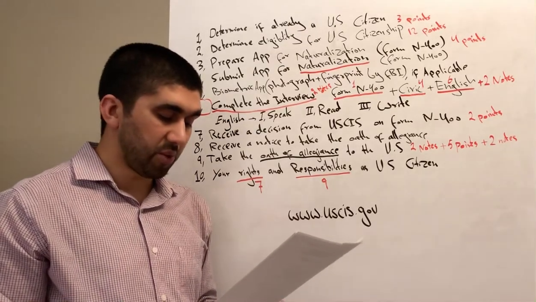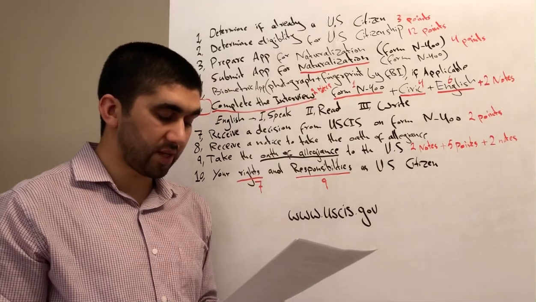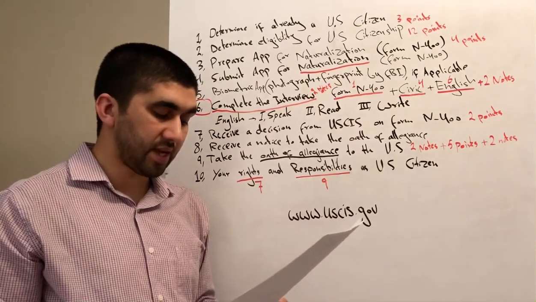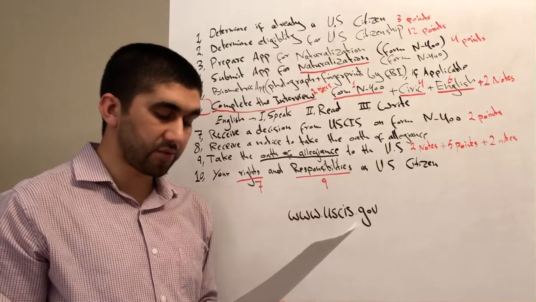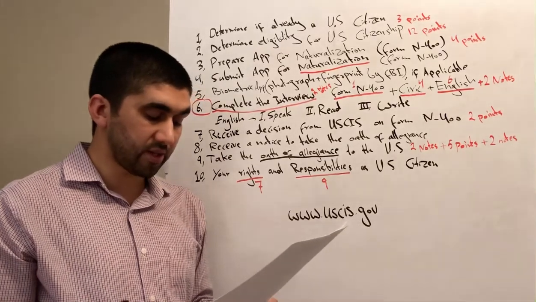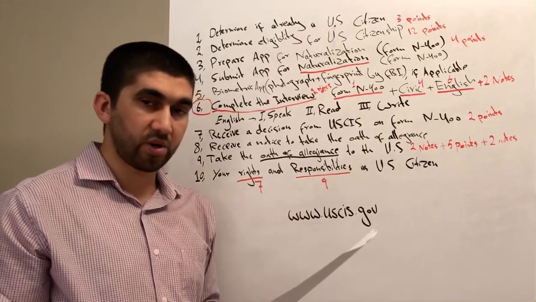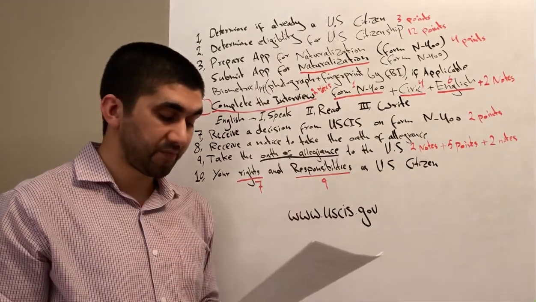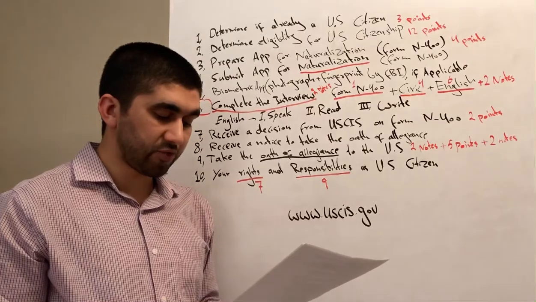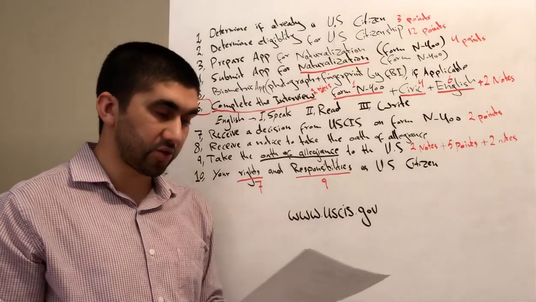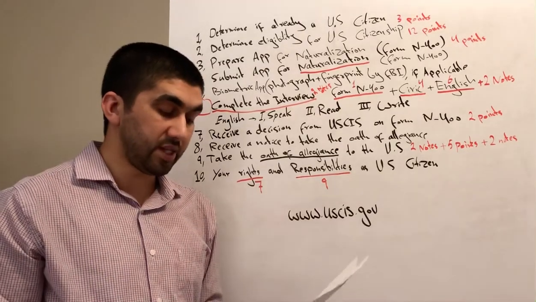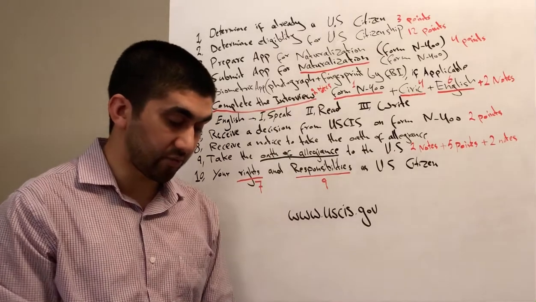Number 6, participate in your local community. Number 7, pay income and other taxes honestly and on time to federal, state, and local authorities. Number 8, serve on a jury when called upon. When you are called as a citizen, you have to serve that. And number 9, defend the country if needed, if need should arise. So if it is needed, you should defend the country as well.